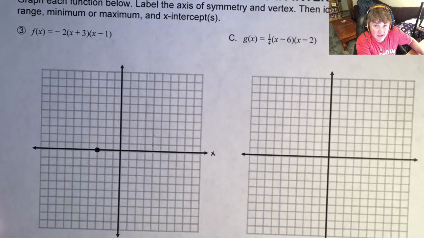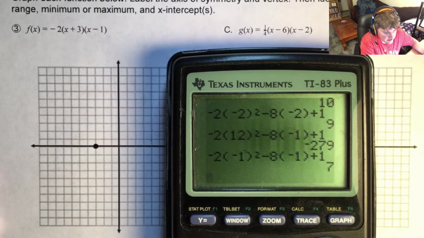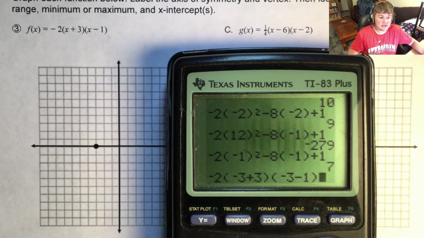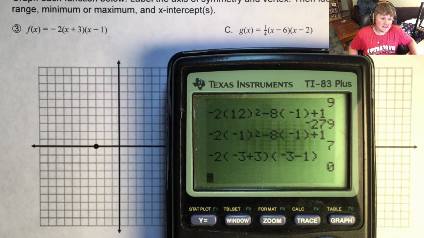Let's talk about y. If I were to plug in x is equal to negative 3, I take my equation and go negative 2 times negative 3 plus 3 times negative 3 minus 1. What's this going to be? It's going to be 0, because what's the y value on the x-axis? 0. So why does this make it equal to 0?